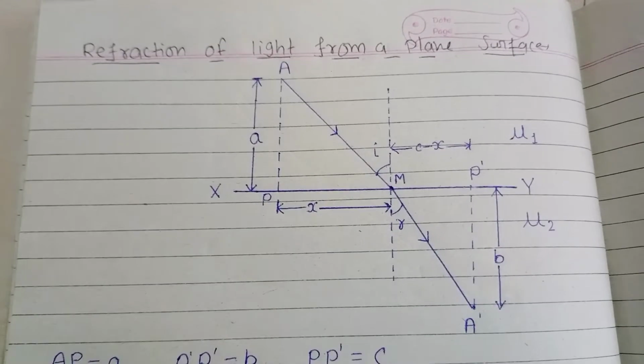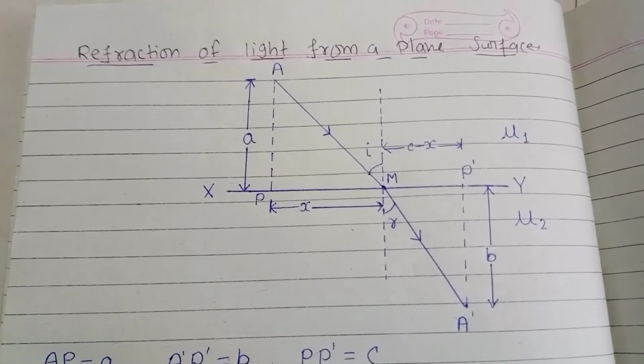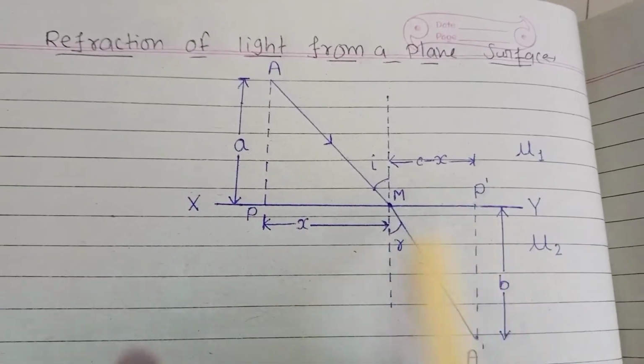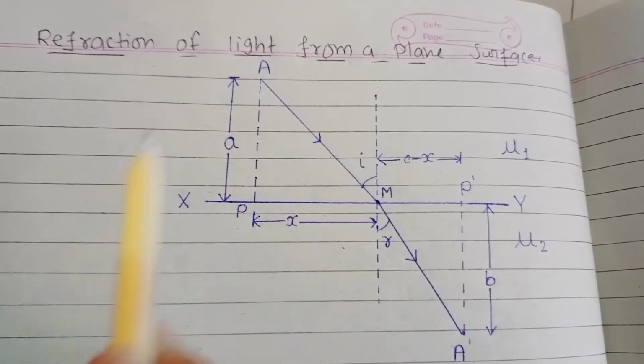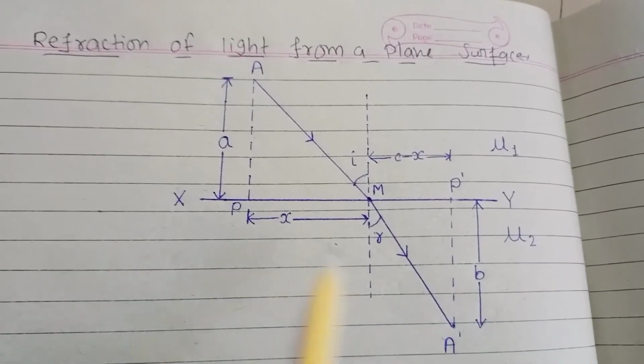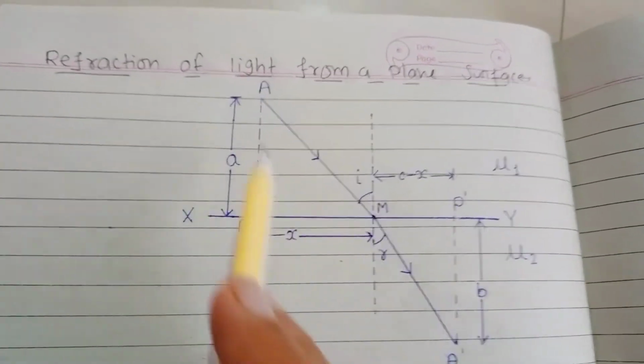As you can see, I have made the diagram and now I will explain it. In this diagram we have taken a plane surface XY, and light travels from point A to A dash, and in this process refraction takes place.